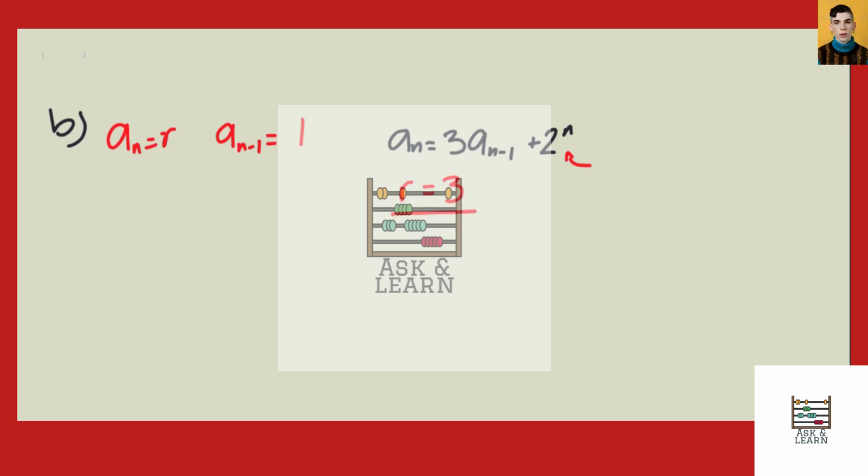Okay. And so note the solution of the recurrence relation then is going to be, and this is of the homogeneous one, so a_n, but this is our homogeneous part, will then be equal to alpha times 3^n.